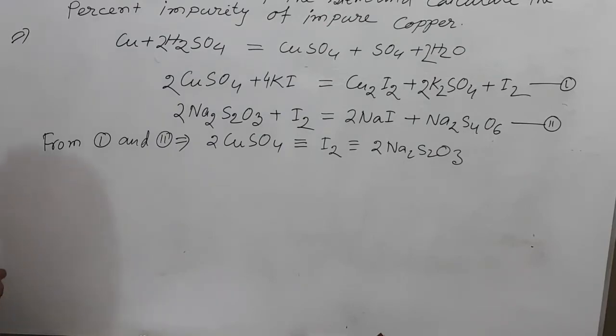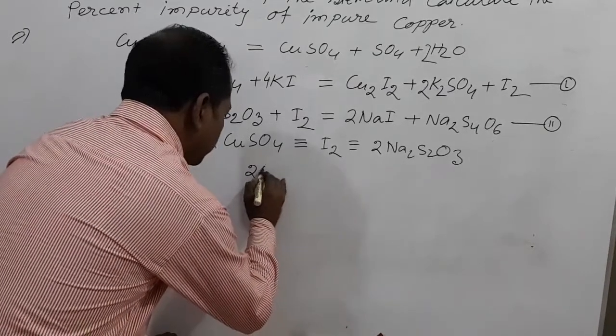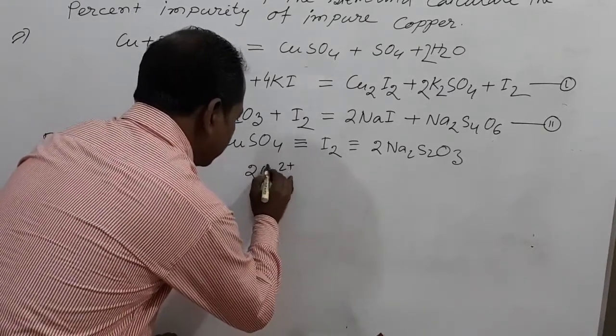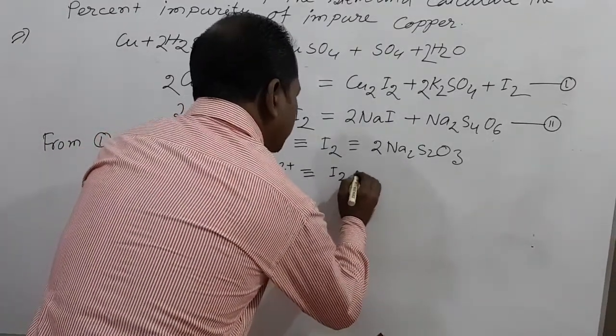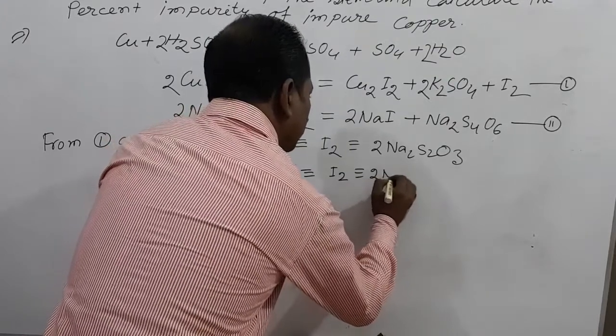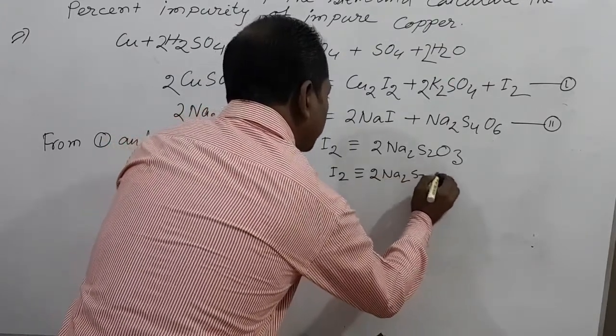Now we can write 2 Cu2+ equivalent to I2 equivalent to 2 Na2S2O3.